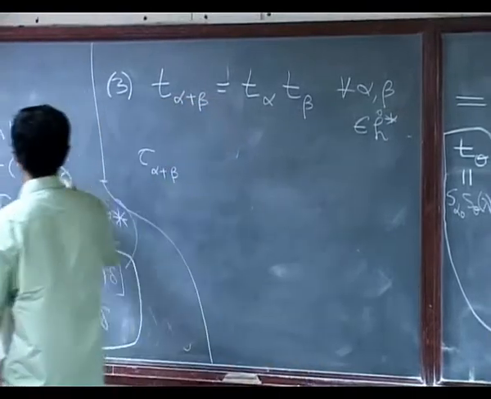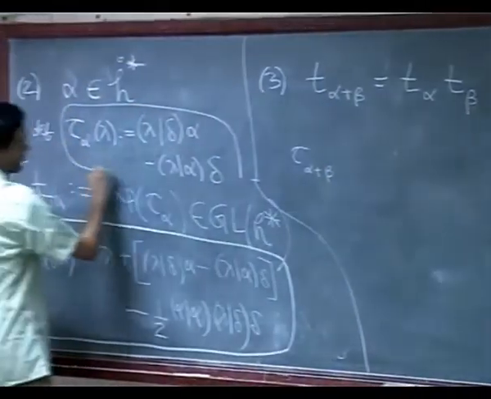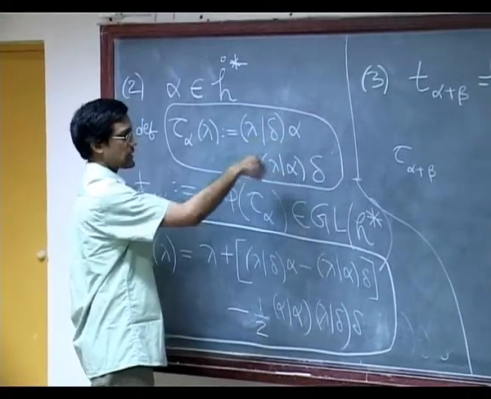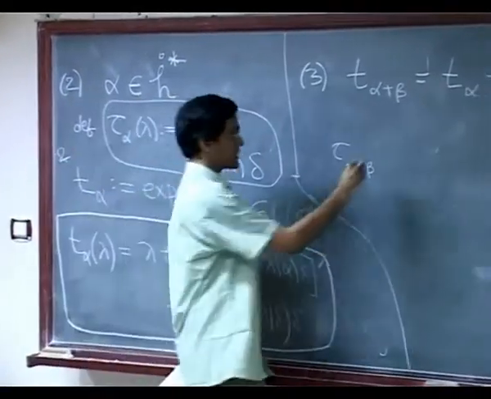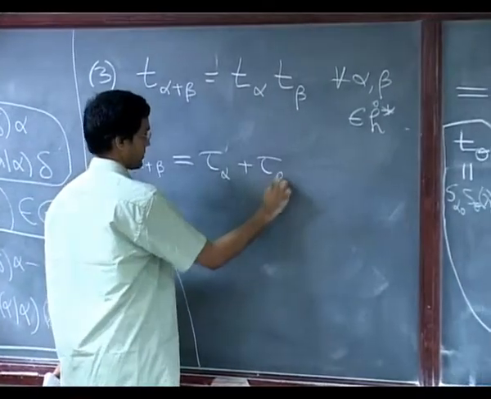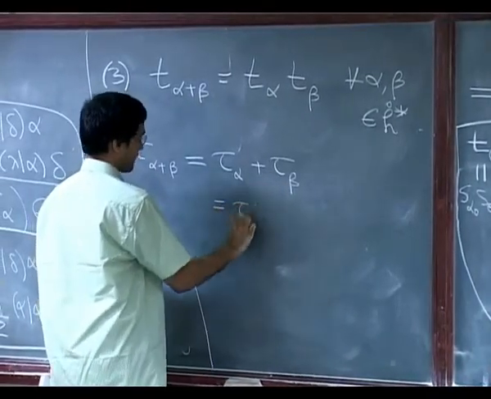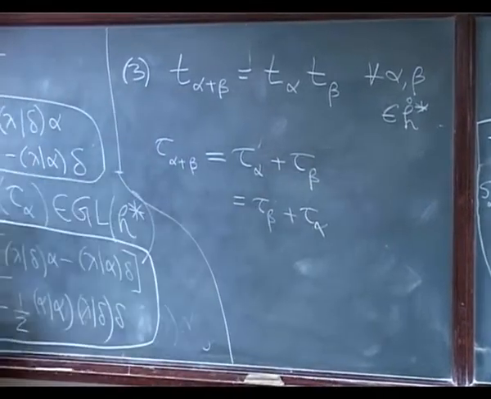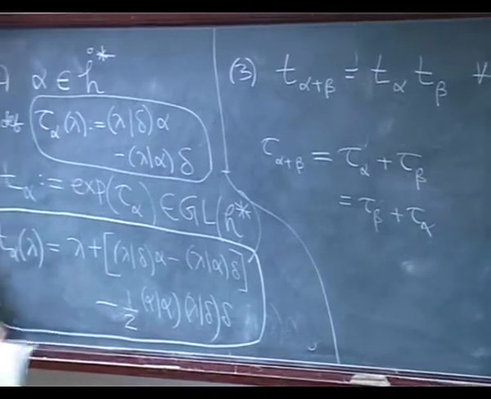So here I put alpha plus beta, here I put alpha plus beta, I will just add, right? It's linear, but more important, that's of course not enough. Clearly they commute. So it's just linear in alpha and beta.